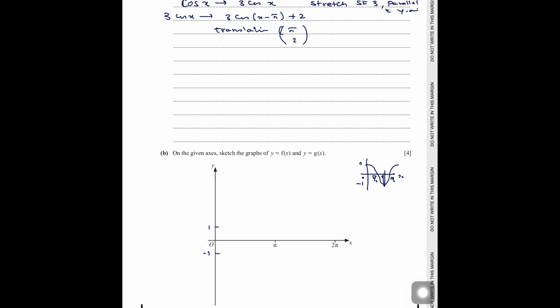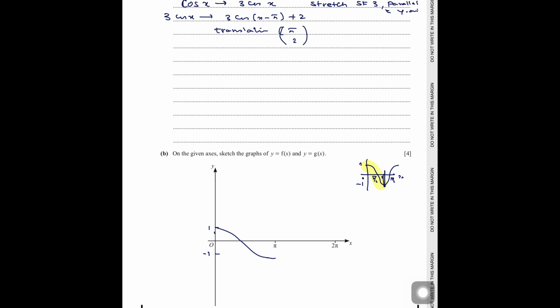So the cos curve looks like this. I need only that part, right? So 0 to pi, I'm just drawing that part, because I just needed that much, which I have drawn, right? Halfway, pi over 2. All right, better.